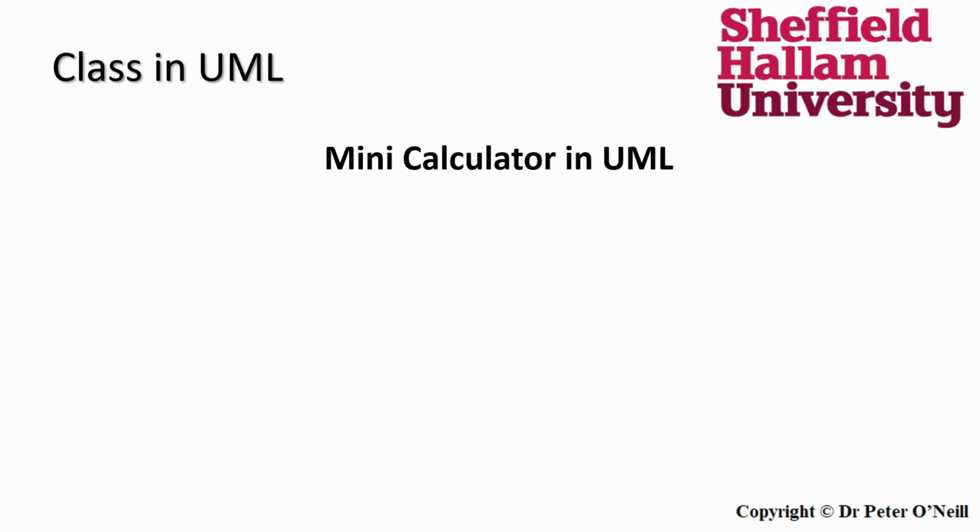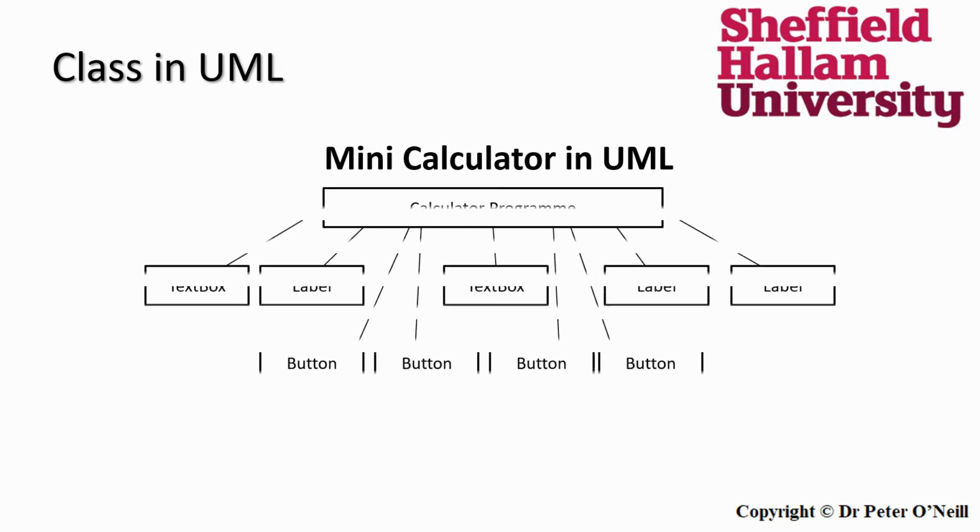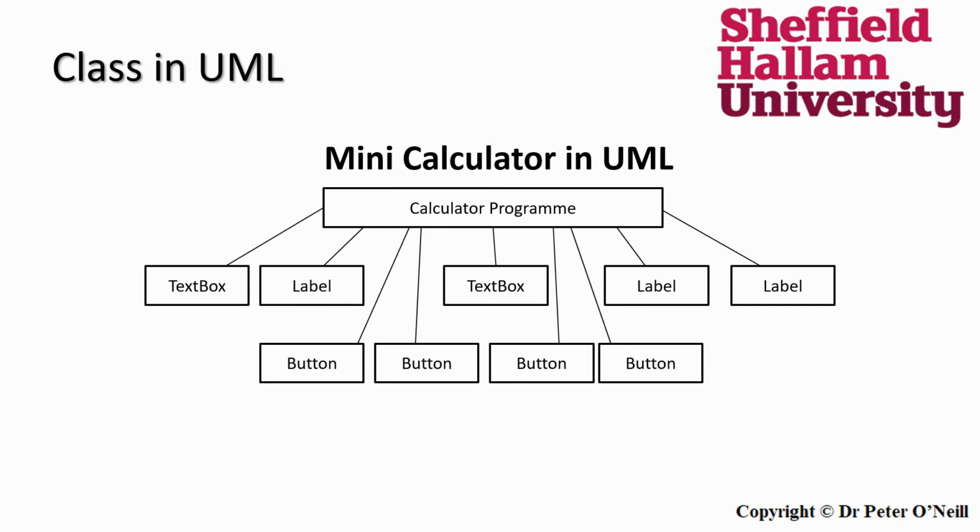Classes in UML. So here we are, mini calculator in UML. So we've got our calculator program at the top, which is our formal window, if you like. And then within it, we've got a text box, then a label, then a text box, then a label, then a label. In a very simple calculator, in our first text box, we've put the value.